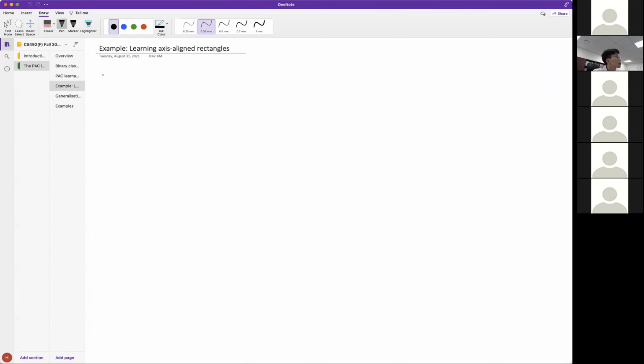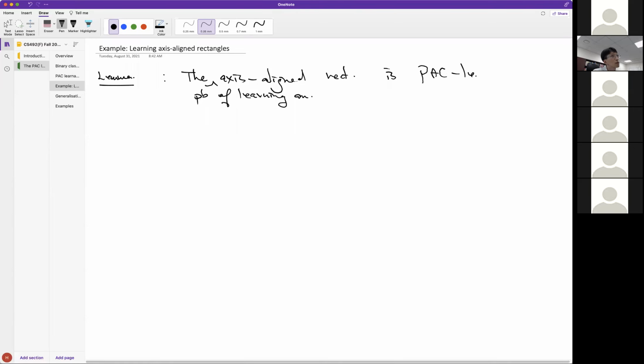So here's the lemma: the problem of learning an axis-aligned rectangle is PAC learnable. That's what we want to show.